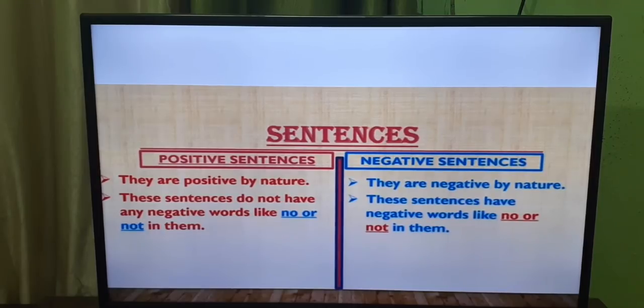Affirmative sentences do not have any negative words like no or not in them. Negative sentences have negative words like no or not in them.